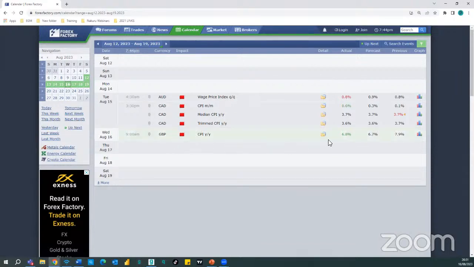For the GBP as well, the CPI year on year. So you can have year on year or month on month, okay? And if it's good news, depending on the current situation, it might come out positive for the instrument, for the GBP, but again, the traders will try to speculate what it means for the interest rates, or what step the government is likely to take.